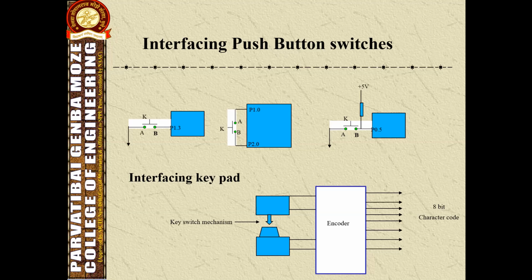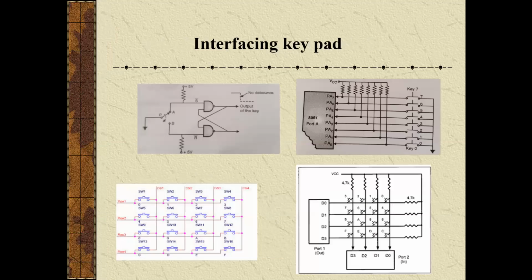So let's see what hardware key debouncing is. This figure shows hardware key debouncing. It may be implemented using a flip-flop or latch, and this figure shows the circuit diagram of hardware key debouncing.